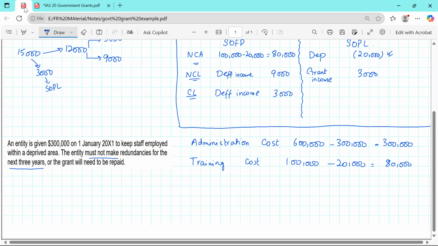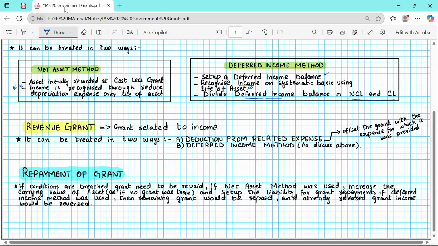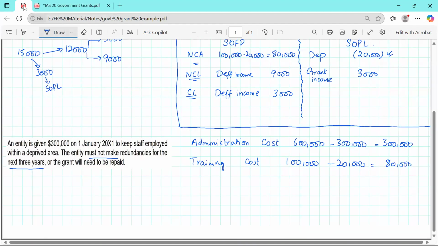So just deduct the grant from the relevant expense. That is the first treatment, deduction from related expense. Is this clear? Okay. And the second one is the deferred income method that we have already done. So what are you going to do basically? The total grant is 300,000, right?